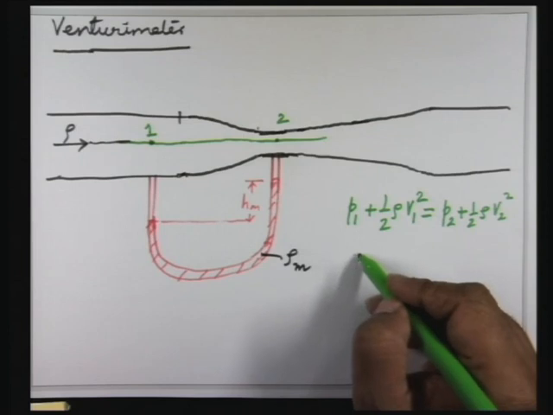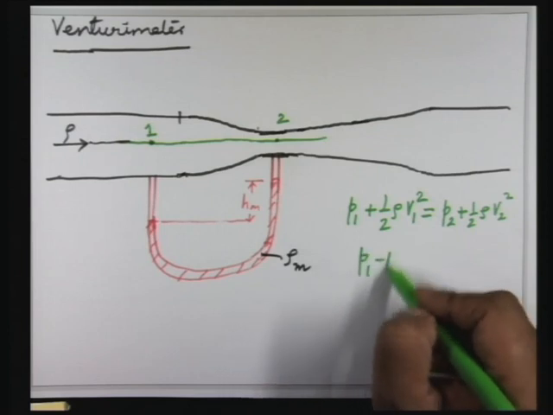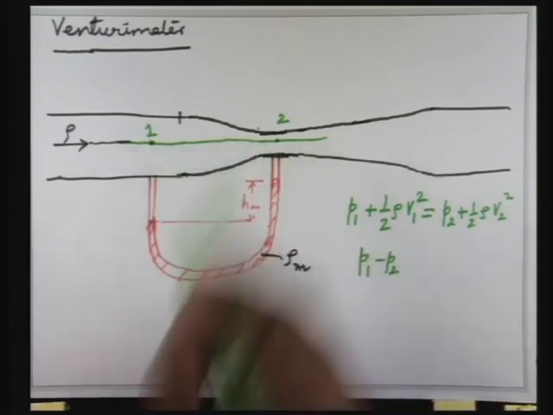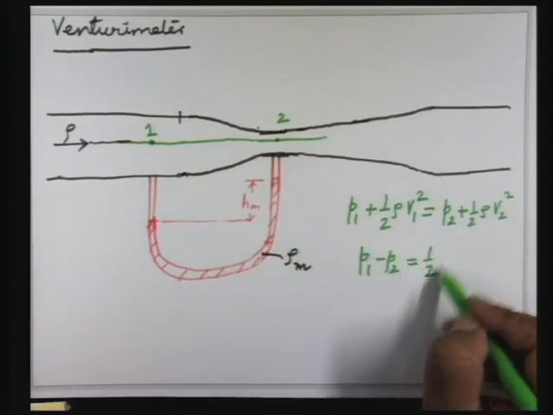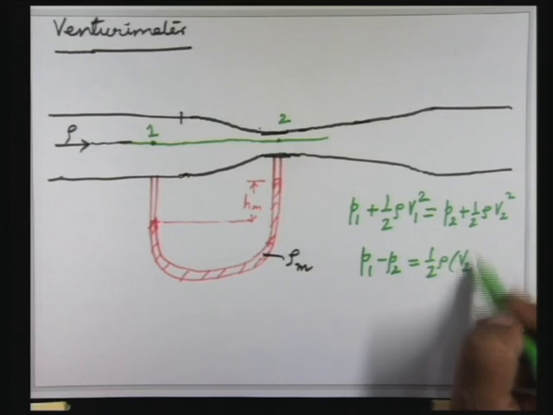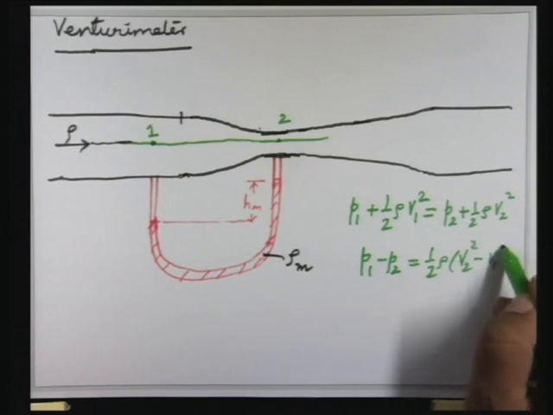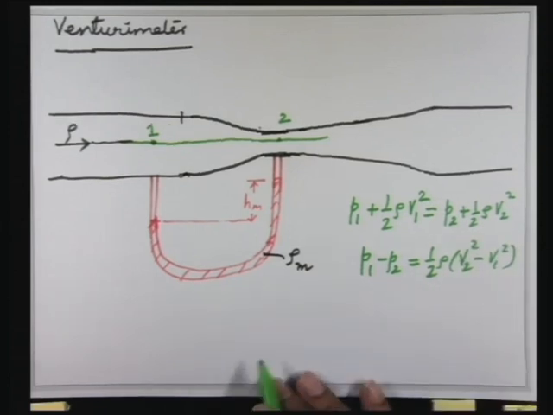So if you look at the difference, which you can measure, P1 minus P2 using this U-tube manometer, that can be linked to half rho (V2 squared minus V1 squared). Now let us say I want to find the volume flow rate through the tube.